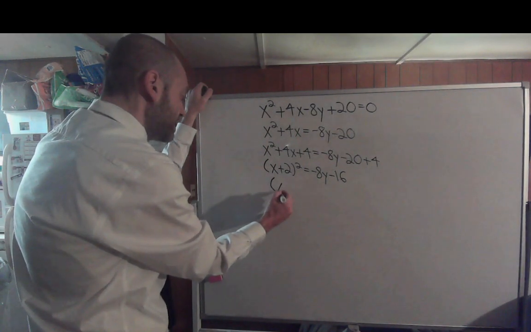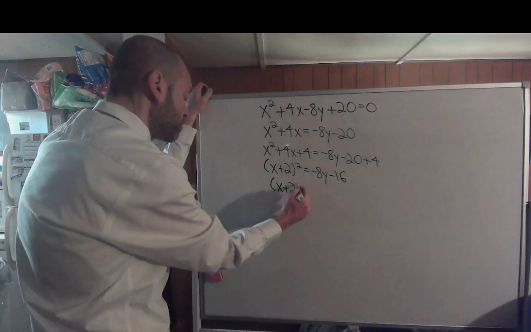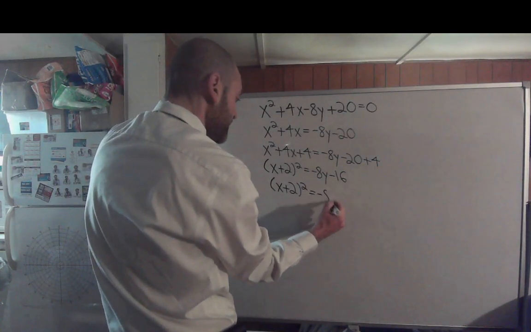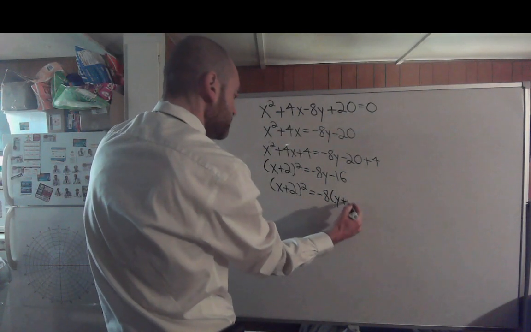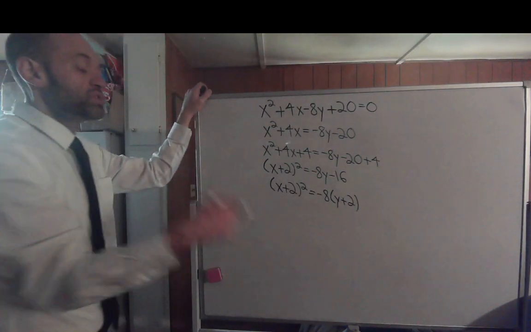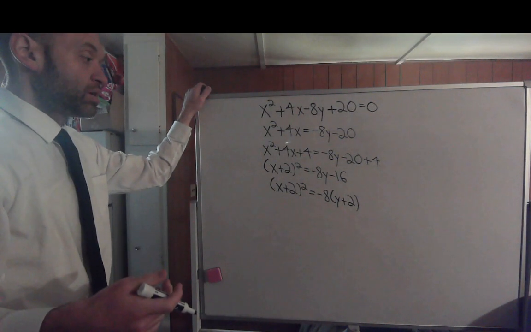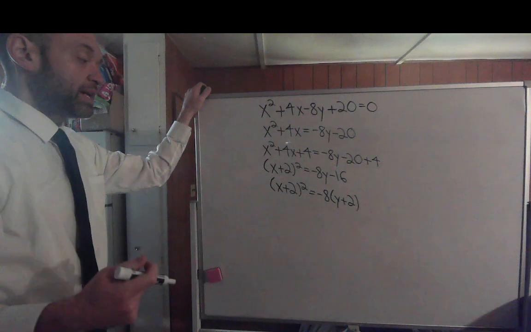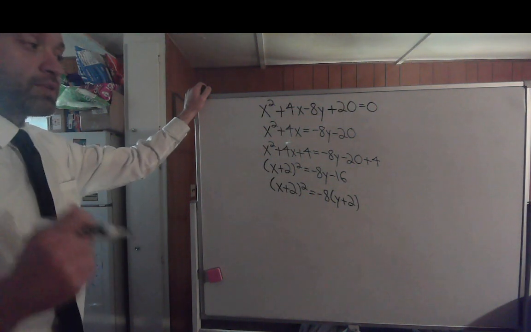So then you could end up getting x plus 2 quantity squared equals negative 8 times y plus 2. And we put that parabola into standard form. Well, let's pick any point on the curve.